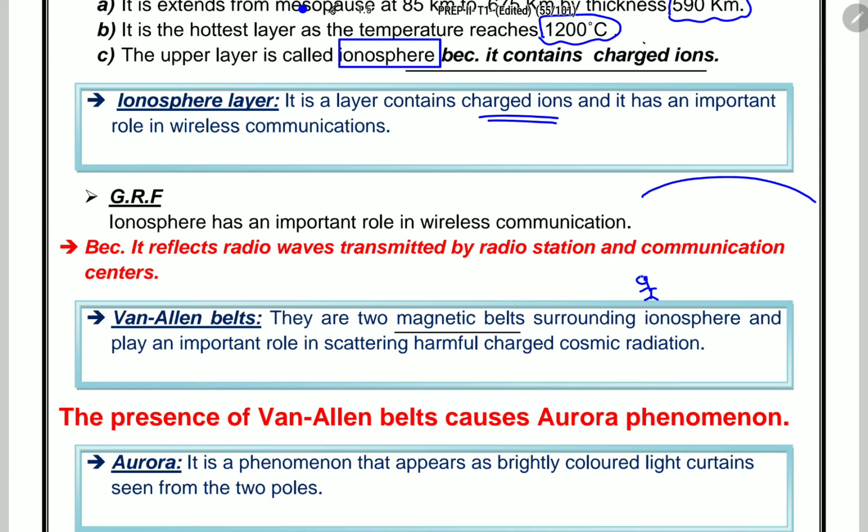These devices or these radio stations send some wireless waves. They hit the ionosphere, then they come back. That's why the ionosphere layer is very important in wireless communications.